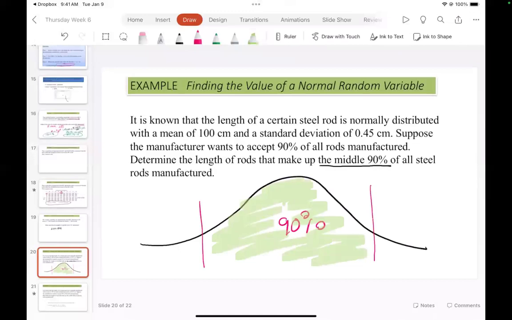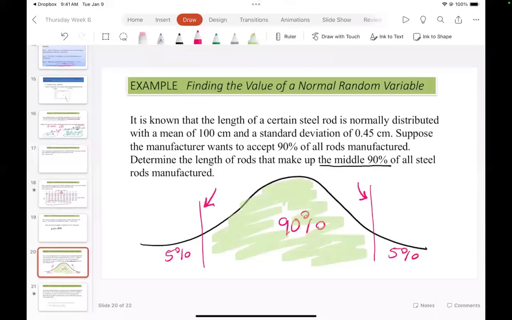When you're thinking of the middle 90%, there is still 5% down here, and 5% up here. Let me tell you a little secret. The z-scores for right here and right here will be the same, just opposites of each other. But we're looking for data values, not z-scores.